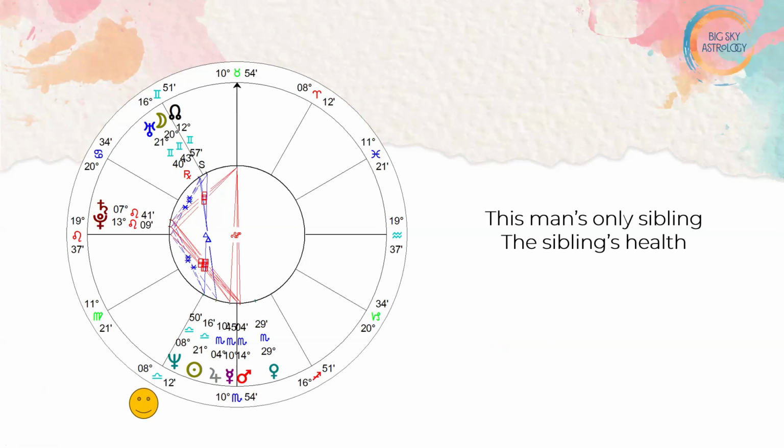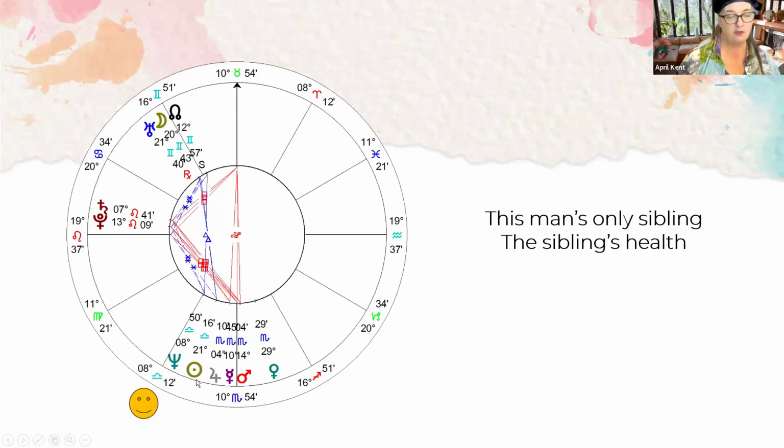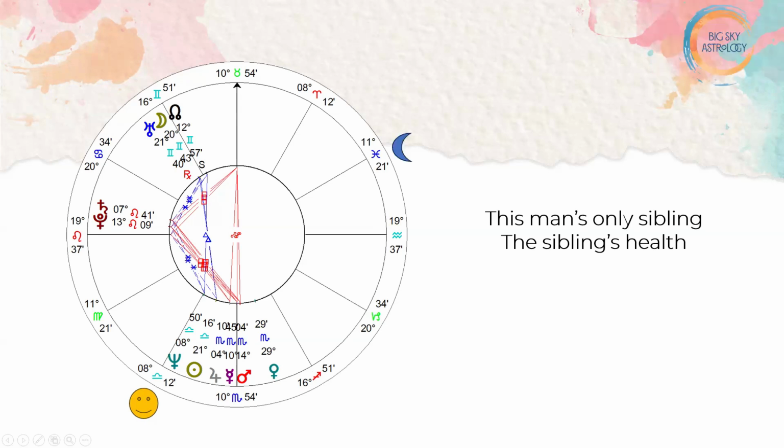Sixth, the 6th from the 3rd, yeah. I think you start 1, 2, 3, 4, 5, 6. So it ends up being the 8th house is the sibling's health.